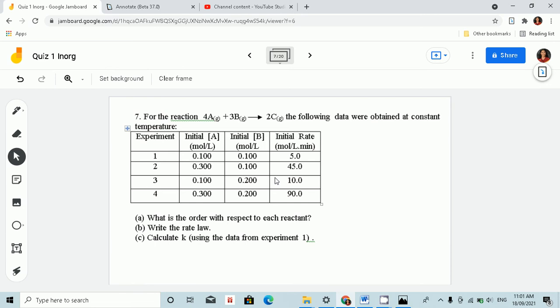And let's go to letter C. Calculate K using the data from experiment 1.